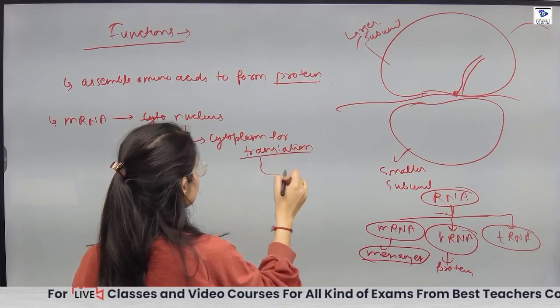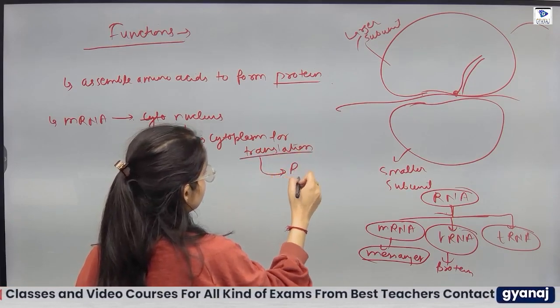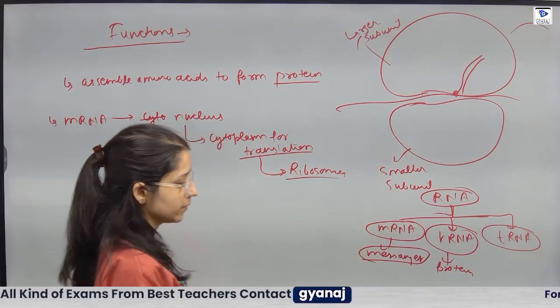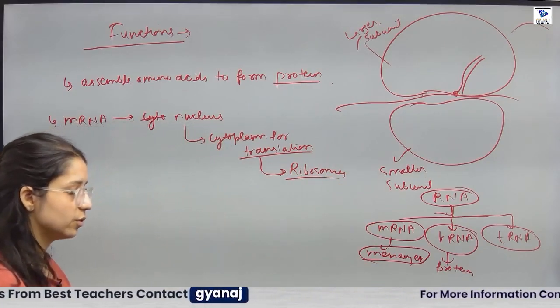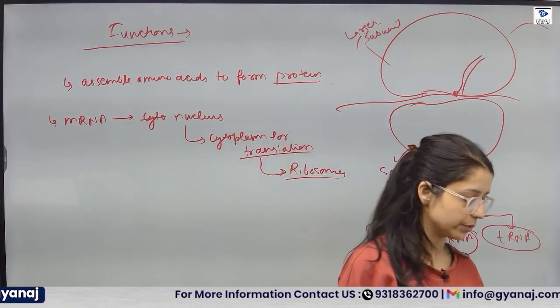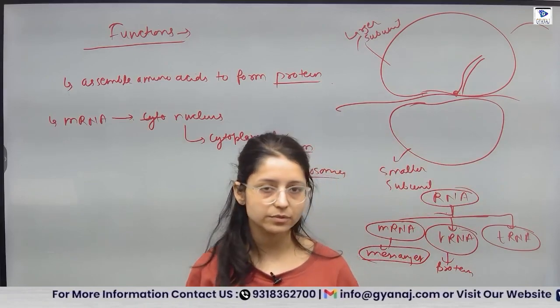And during translation, who will help? Ribosomes will help. Larger and smaller subunits will help. So in short, we can say that ribosomes are the sites of protein synthesis.